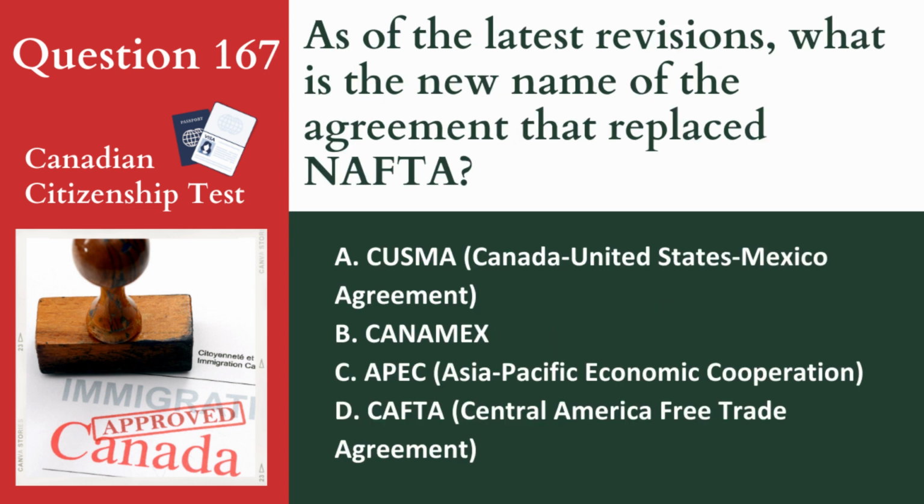Question 167. As of the latest revisions, what is the new name of the agreement that replaced NAFTA? A. CUSMA, Canada-United States-Mexico Agreement. B. CANMEX. C. APEC, Asia-Pacific Economic Cooperation. D. CAFTA, Central America Free Trade Agreement.